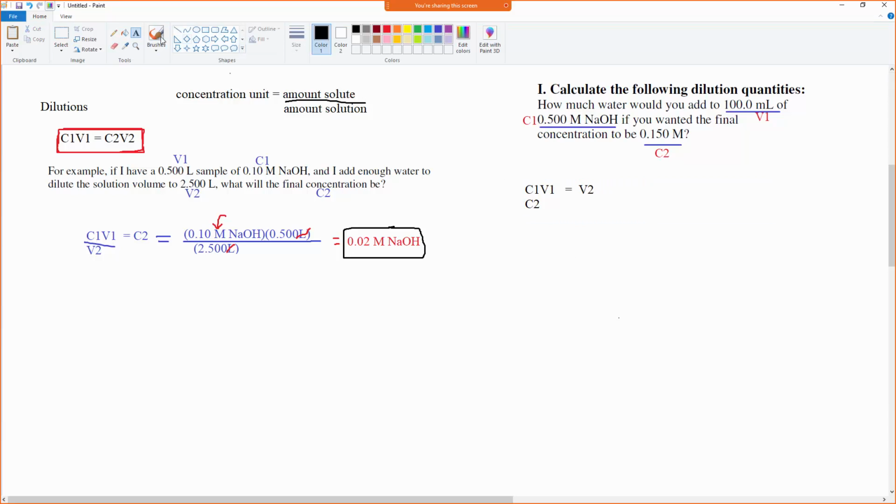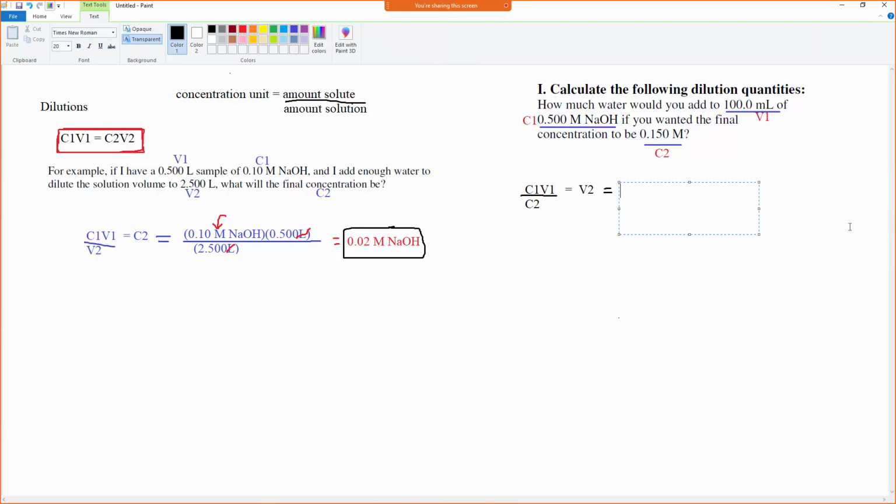Does that make sense? Everybody believe me? Okay, all right. So the C1, 0.500 molar NaOH, multiplied by the V1, 100 milliliters. I'm going to make a little mental note that I'm in milliliters here.